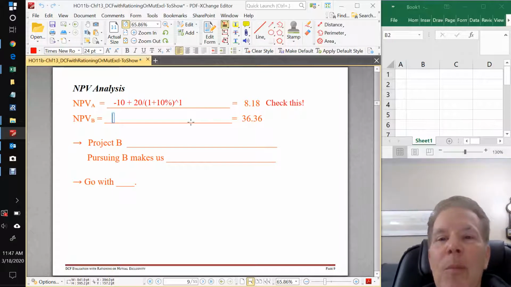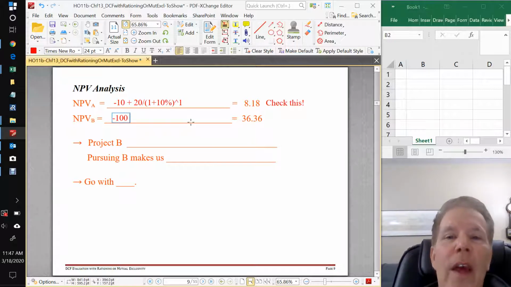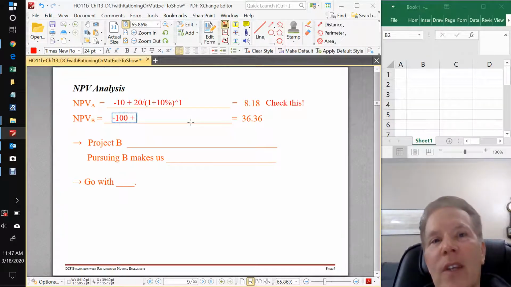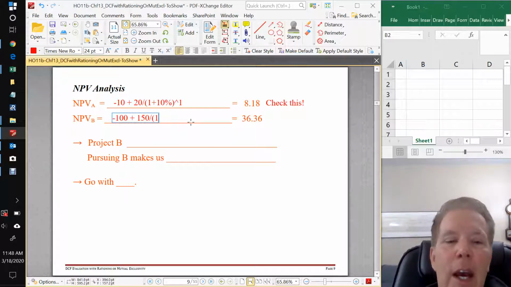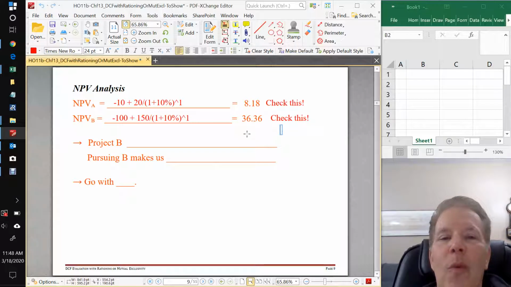Okay, and for NPV-B, you should also check that you agree that the NPV equation looks like this, minus 100, that's our cash flow 0. I don't have to worry about discounting that because that's already at t equals 0. And then my CF1 is 150, and I need to discount that back by 1 year. So I've got that raised to the 1, and again, you should check that we get 36.36 when you go ahead and work this out.